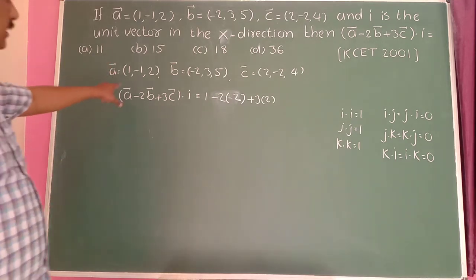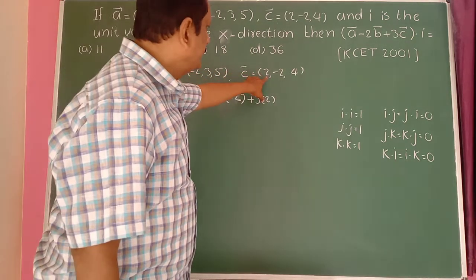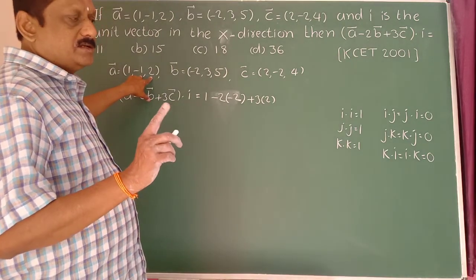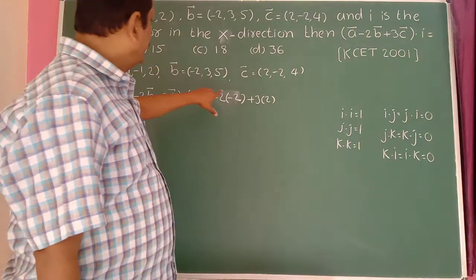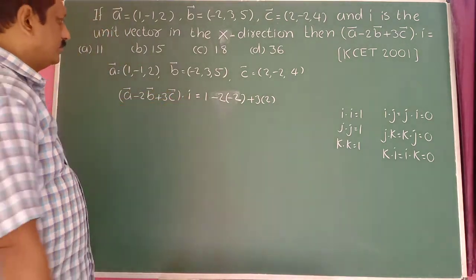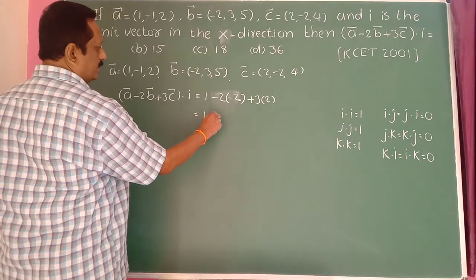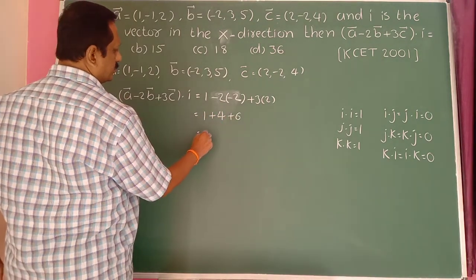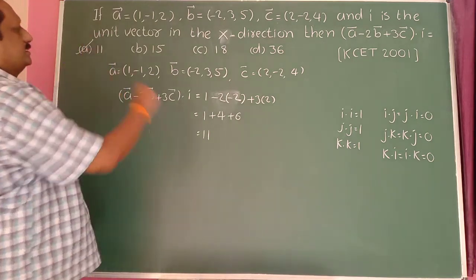These are coefficients of i. Y and z terms are coefficients of j and k, but here in the dot product with i, that becomes 0. So this is equal to 1 minus 4 plus 6, which is equal to 11. So this is the answer.